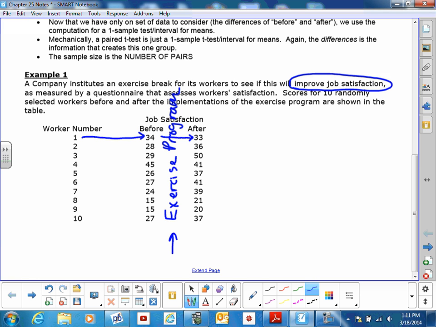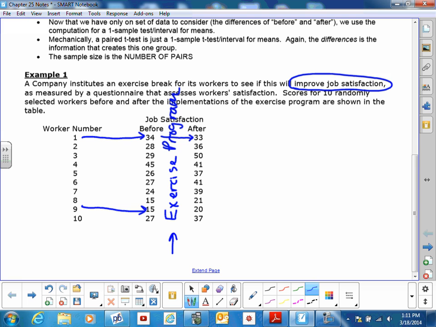Okay? So you can see worker number 1 had a score of 34, so, whatever the scale is, that's 34, but let's say here at employee number 9, that person only started with a job satisfaction of 15, so for whatever reason, that person considers themselves less than half as satisfied as worker number 1. Okay?